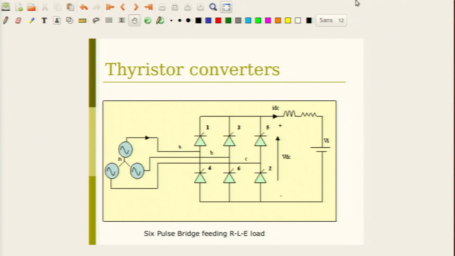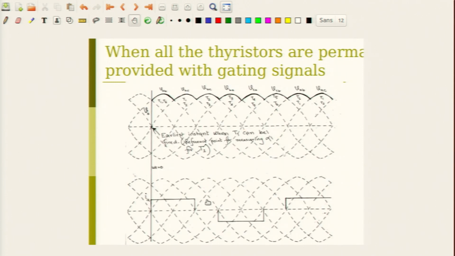So, the waveform is in fact what is known as a quasi square wave. It is not a square wave. A square wave would classify as a waveform of this kind. So, in fact this is a square wave. This is in fact a quasi square wave, that is it is like this.